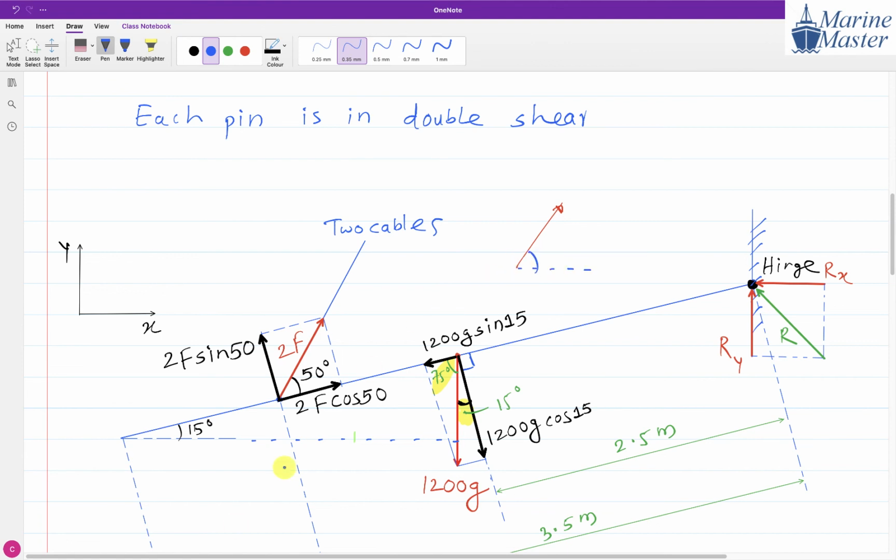How much will this angle be? 15 degrees? No. See the point. This 2f is making how much angle with respect to the ramp? 50 degrees. And the ramp is making how much angle? 15 degrees. So this entire angle will become how much? 65 degrees. That is the correct answer.